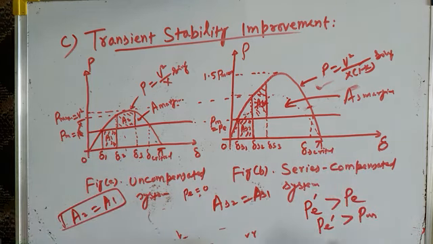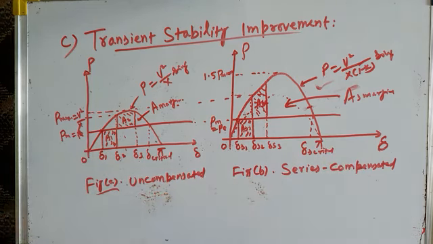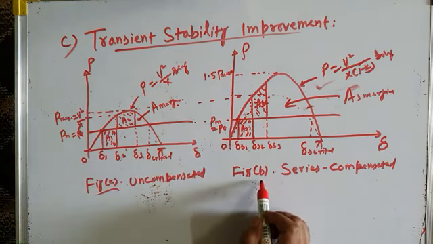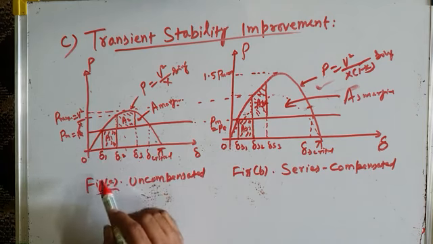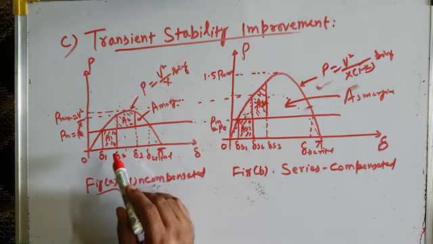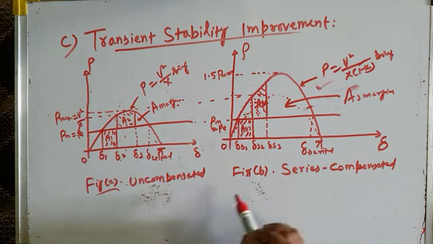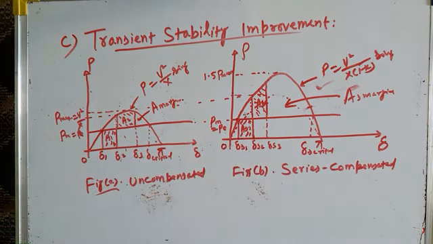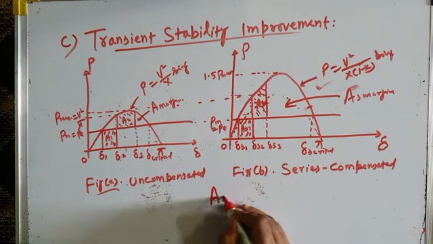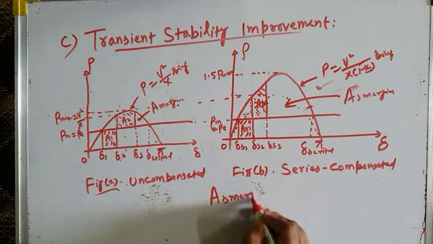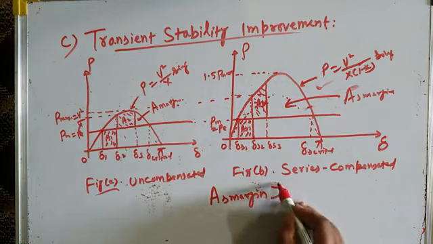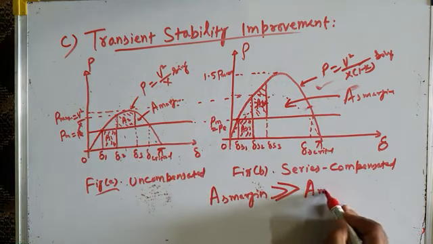So these two figures clearly show us, when you compare figure A with figure B, where figure A is the power angle characteristic for the uncompensated system and figure B shows the power angle characteristics for the series compensated system, that the AS margin, the margin of stability provided by the series compensated system, is much greater than the A margin.